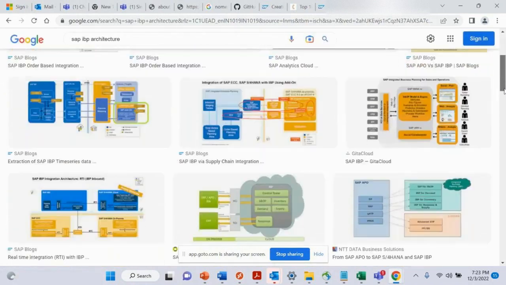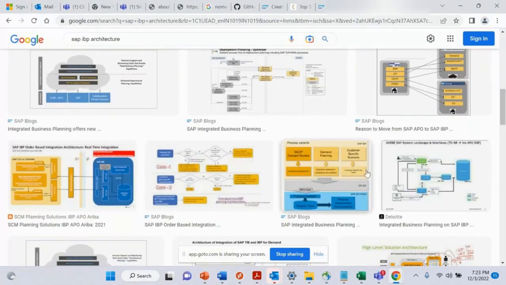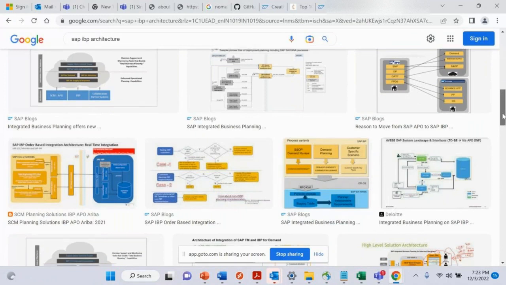Let me scroll down to the best architecture that we have inbuilt in this IBP.